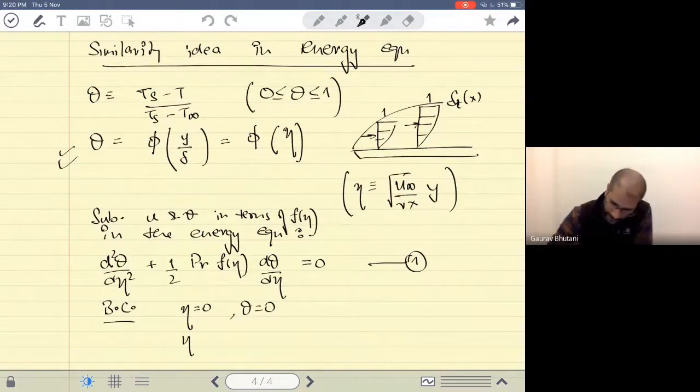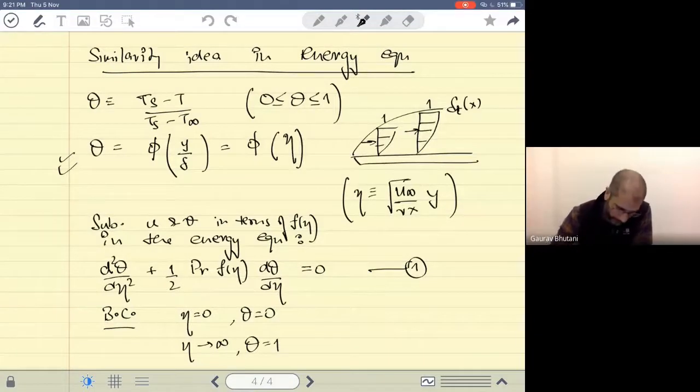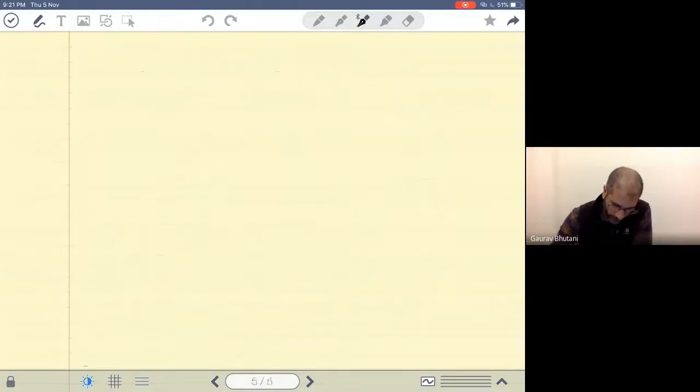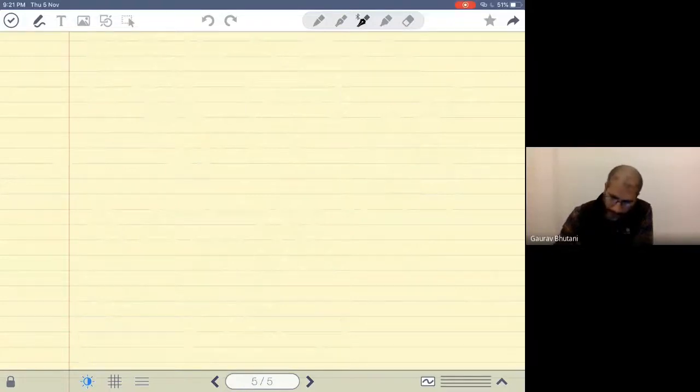And for eta tending to infinity, that is in the free stream, theta becomes 1. So we have to solve this well posed problem in the next coming part of the lecture. It's not that complicated because we can easily solve for this.